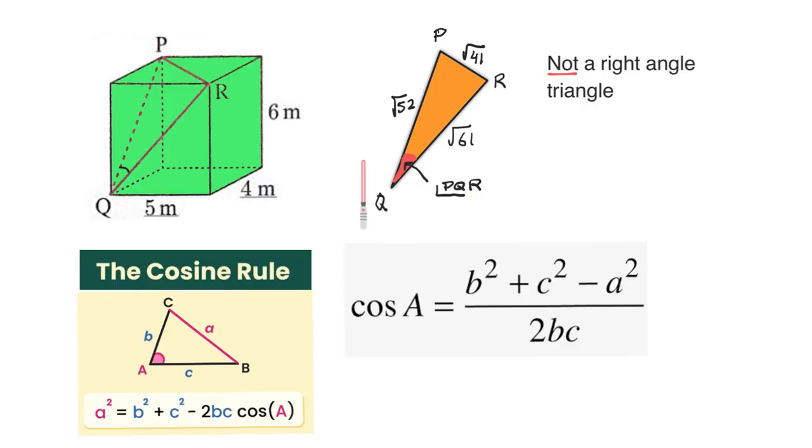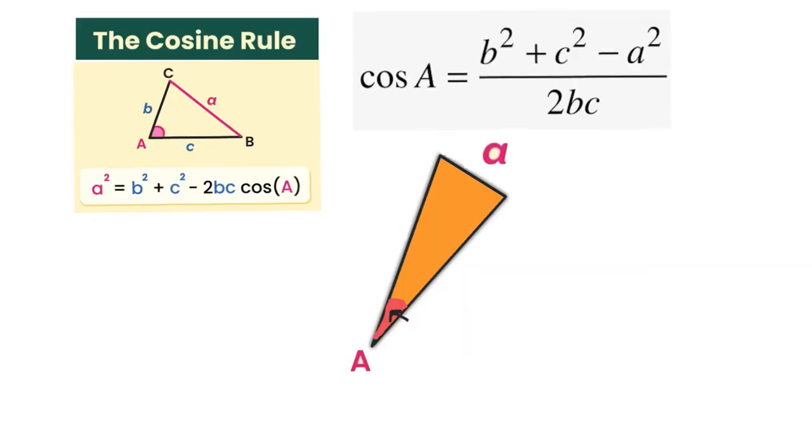So let's rename this whole triangle so that we have ABC instead of PQR. The angle A that I want is opposite that side a, and the sides b and c could be on either side. Now a was root 41, b was root 52, and c was root 61.